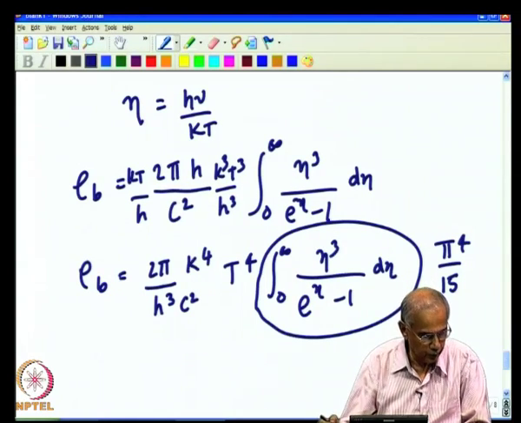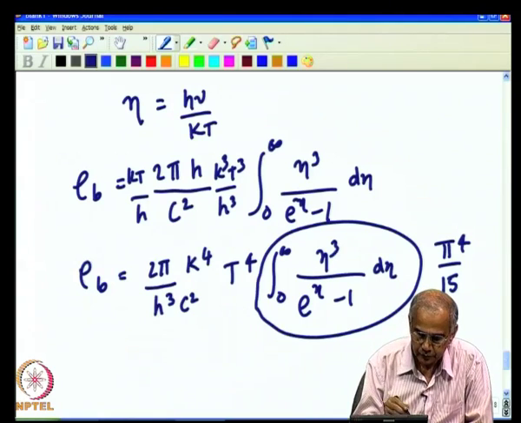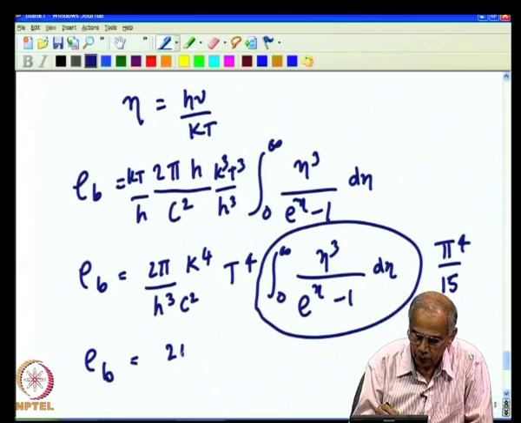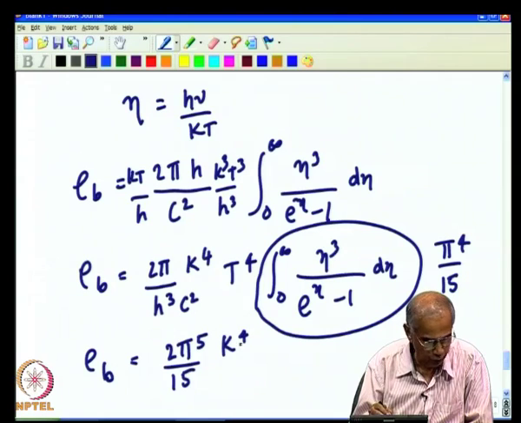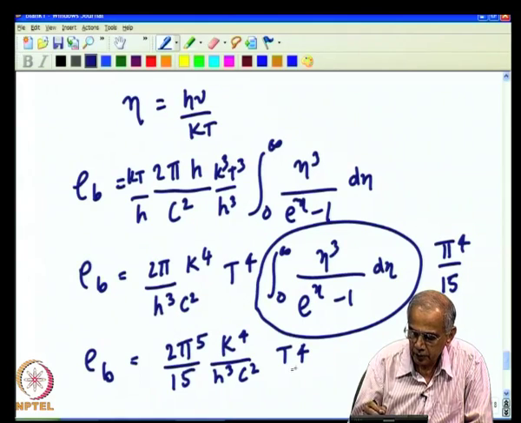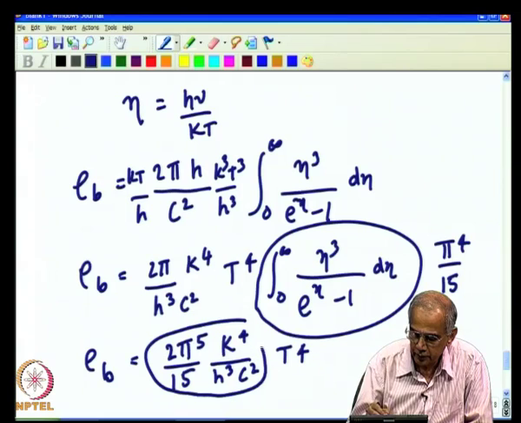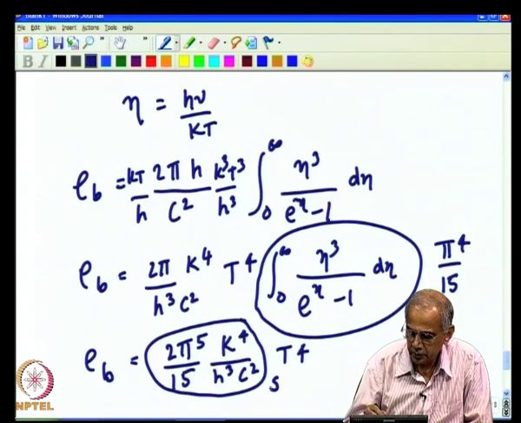So, if you do that, you will have a simple expression E_b equal to 2 pi to the power of 5 by 15, k to the power of 4 by h cubed c squared, into T to the power of 4, and this quantity is called the Stefan Boltzmann constant.